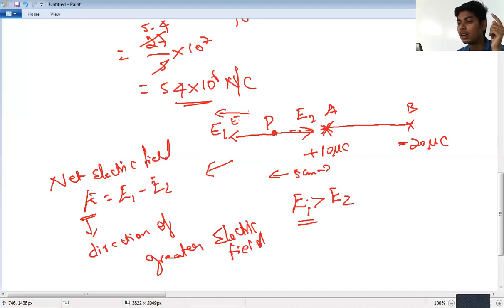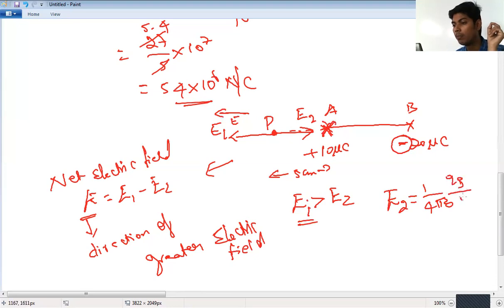So the net electric field will still be away from 10 microcoulomb. So this is how you need to approach a problem, right? And while substituting, do not substitute the sign in the formula. If you have E2 is equal to 1 by 4 pi epsilon naught QB divided by BP whole square, you just substitute 20 microcoulomb here.